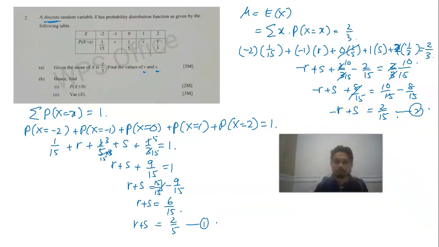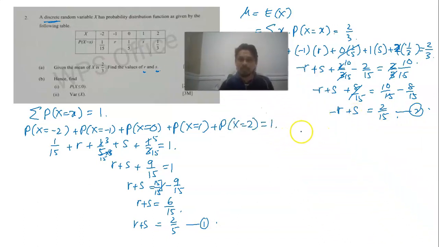So then, what's next? You can use what we call the substitution method or the elimination method. So let's add equation 1 and equation 2. r plus s equal to 2 over 5 and negative r plus s equal to 2 over 15.